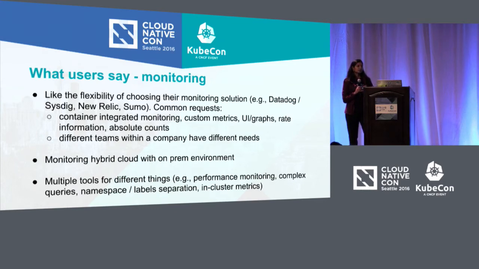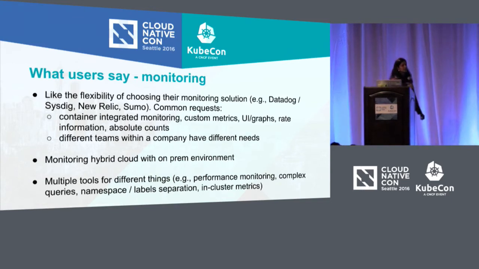Also, customers often have different parts of the organization that are used to using a different tool or would like to use a different tool. Being able to plug that in as a daemon set or whatever in a different container allows different organizations to plug in their specific monitoring solution.